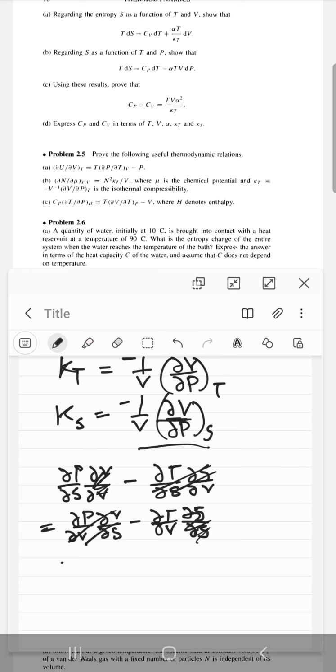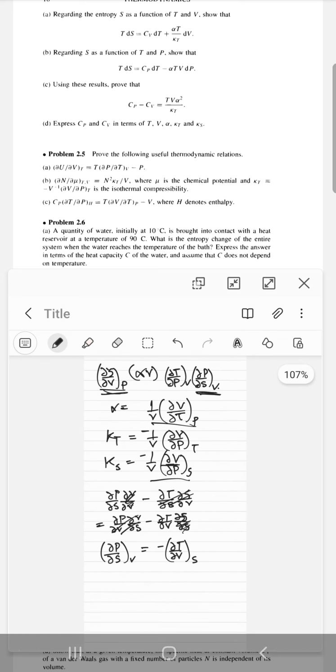So you just get this equation: partial P by partial S at constant volume is equal to minus partial T by partial V at constant entropy. Cool. Yeah, so that's the reciprocal of this, right? So you will just basically be having partial V by partial T at constant entropy.